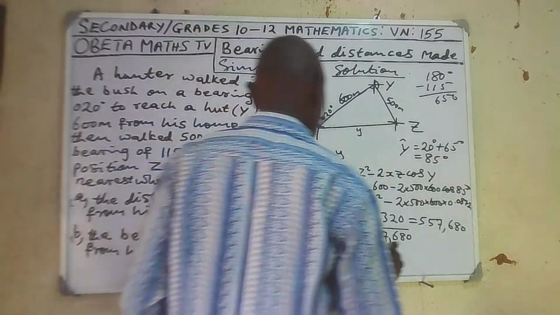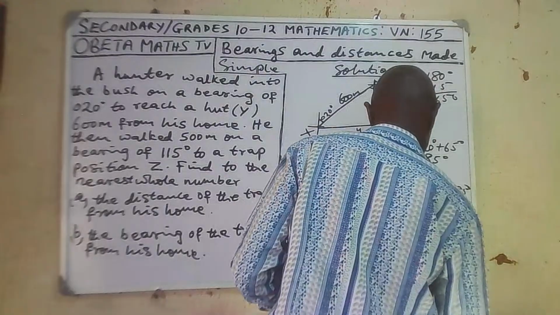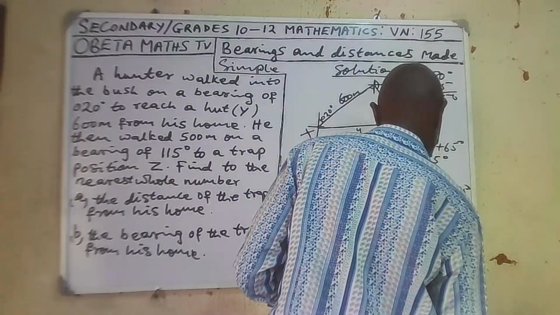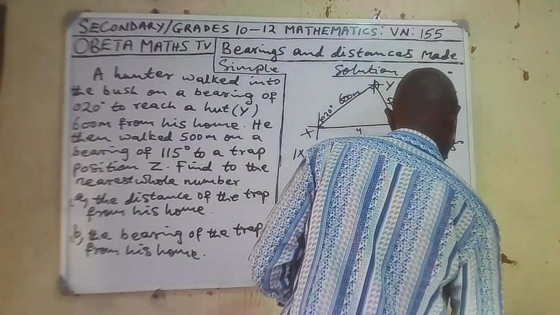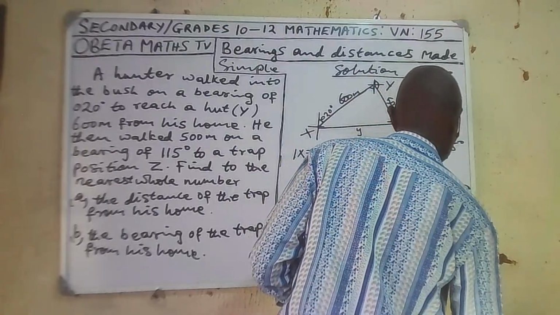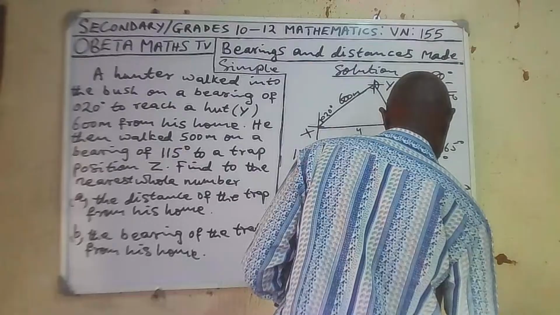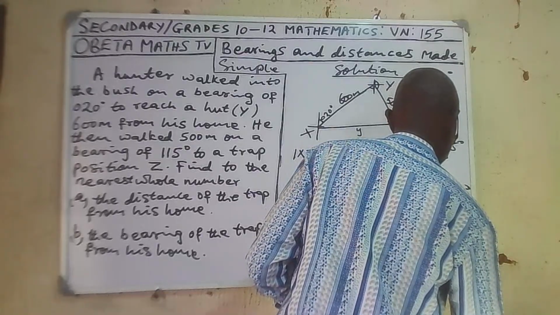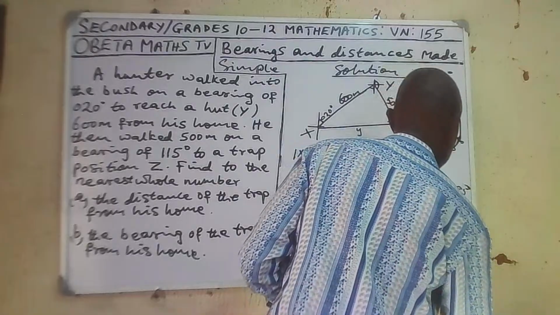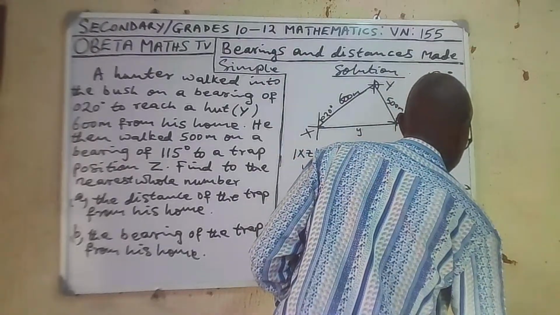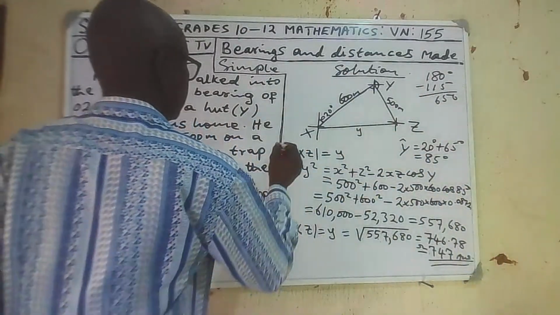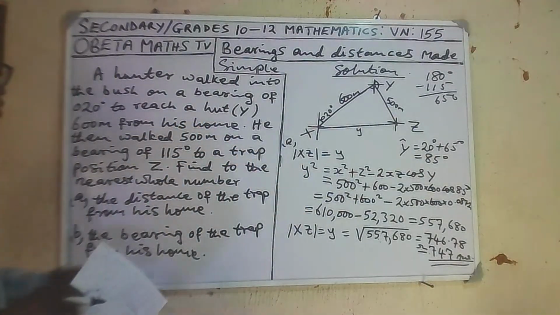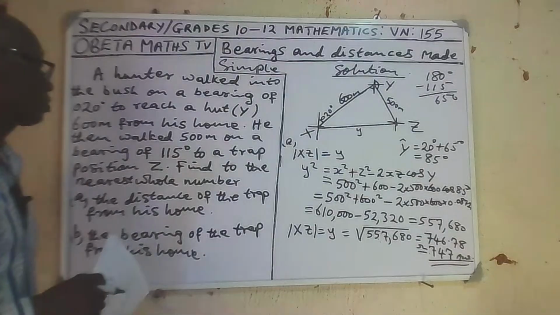If we carry that out, that will give us 746.78, approximately equal to 747. And that is the distance of the trap from his home.